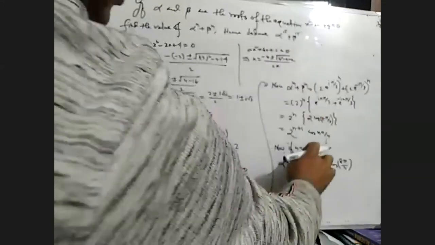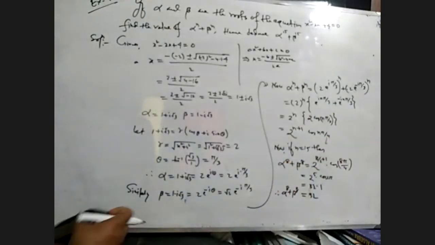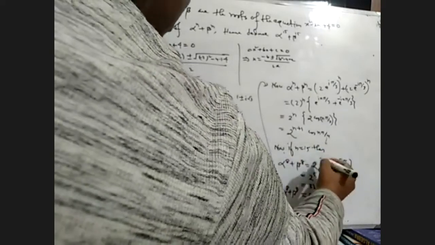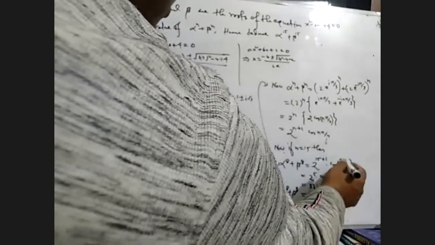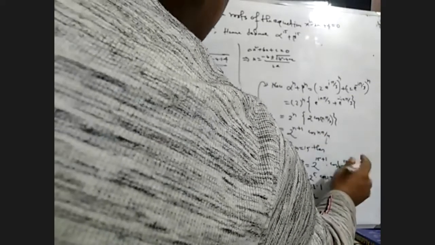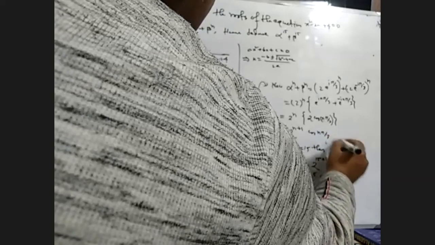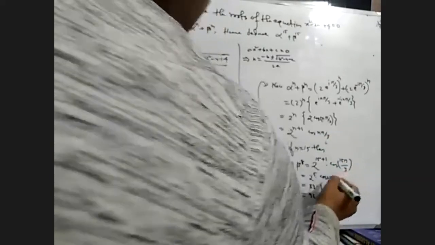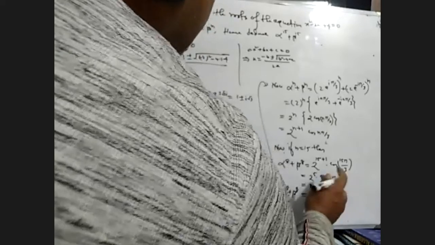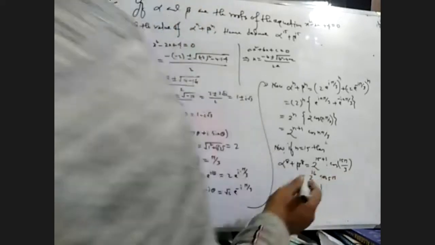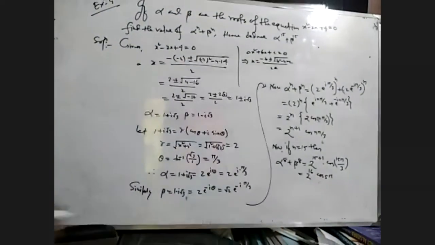So if n equals to 15, then alpha to the power 15 plus beta to the power 15, just putting n equals to 15 here: 2 to the power 15 plus 1 cos 15 pi by 3. 15 pi by 3 is 5 pi, so cos 5 pi, and this will be 2 to the power 16.